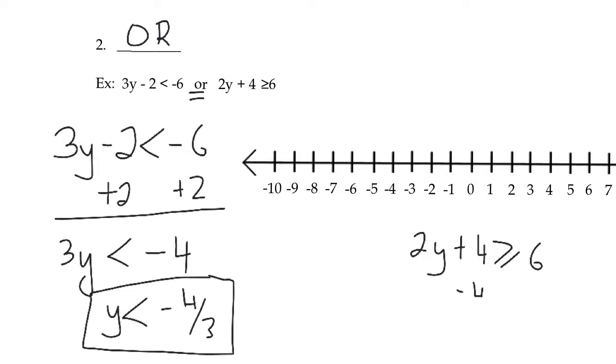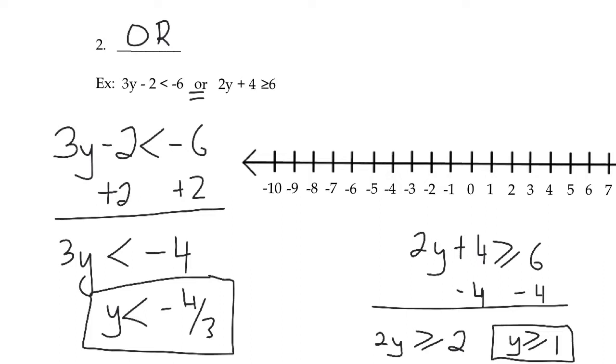Subtract 4 from both sides. You get 2y is greater than or equal to 2. I don't have space here, so I'll try to squeeze my work. Okay? If you divide by 2, y is greater or equal to 1.